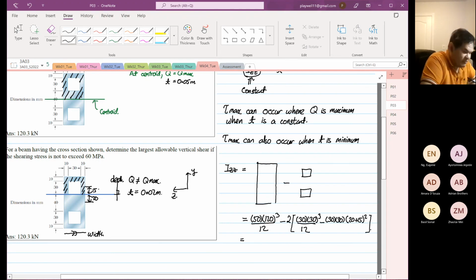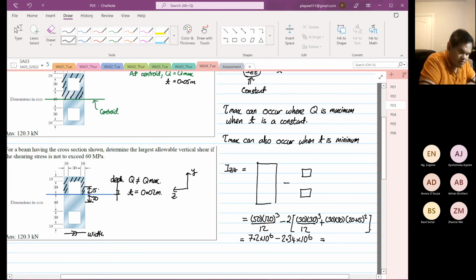So this will be equal to 50 times 120 to the power 3 divided by 12, which is 7.2 times 10 to the power 6, minus, sorry, it's plus over here, 30 to the power 3 times 30 divided by 12 plus 30 squared times 35 squared, and then times 2, which is 2.34 times 10 to the power 6.